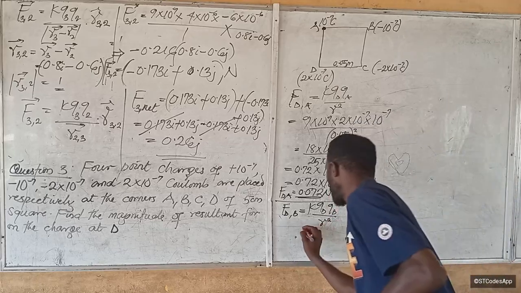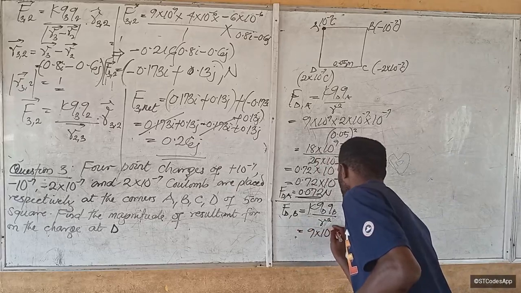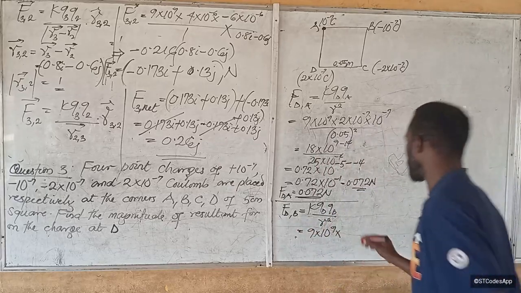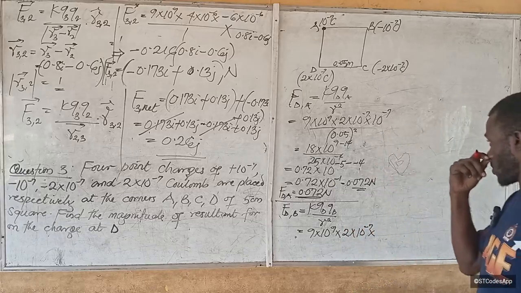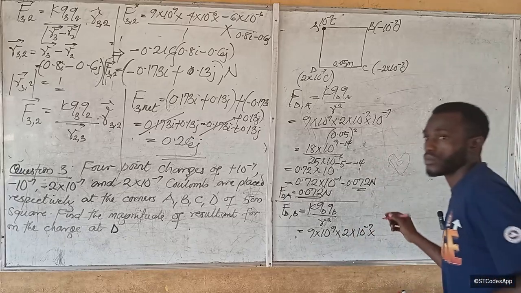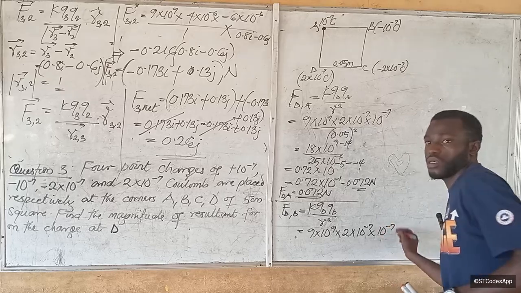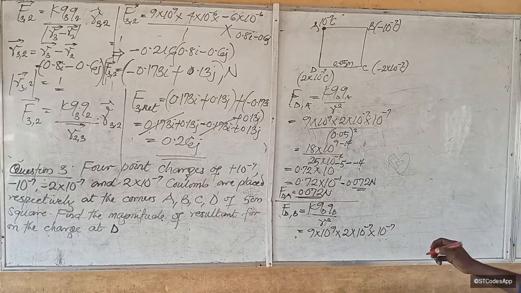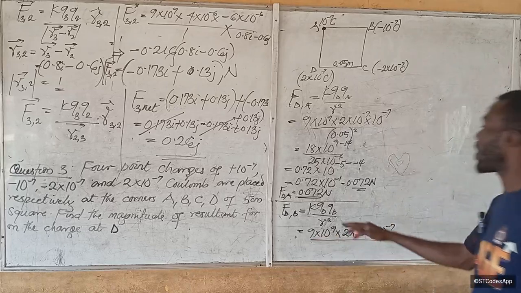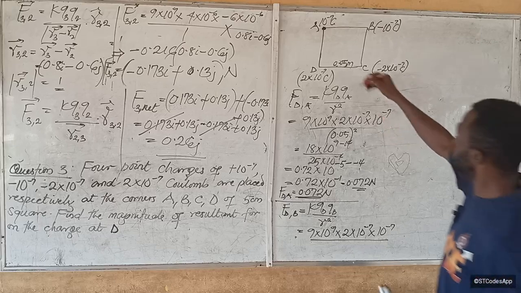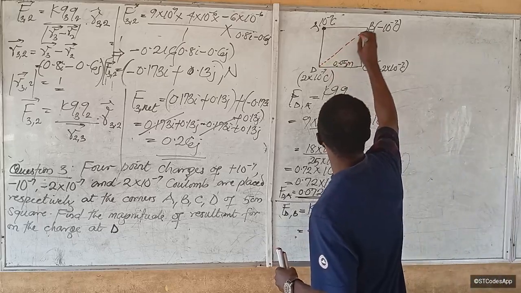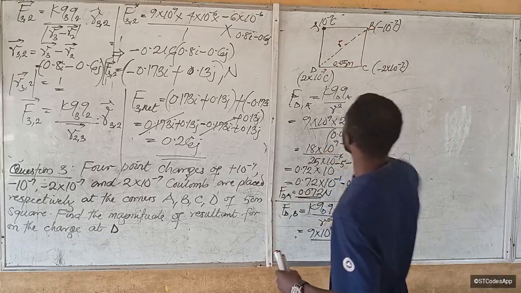K is equal to 9 times 10 to the 9th, times Q_D, 2 times 10 to the minus 7, times Q_B, 10 raised to the power minus 7, all over R squared. Now R is the distance between them, which is the separating distance. That's here. This is our R.